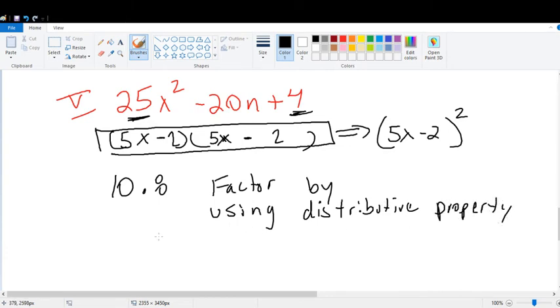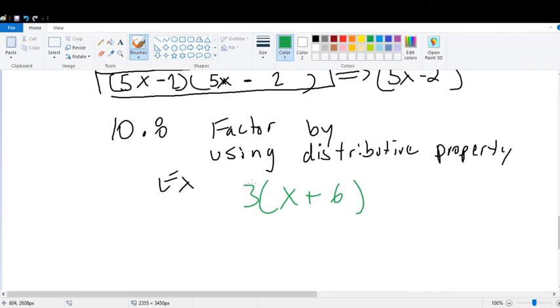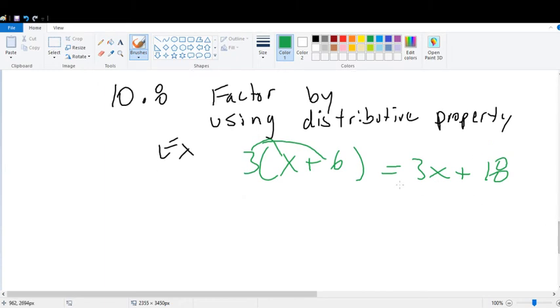So for example, let's say I had 3 times x plus 6. Well, what does that equal to? Distribute, you get 3x plus 18. All right, so what we're going to do is start with 3x plus 18 here, example 1, and we are going to look for a common factor in 3x and 18. So what's a number that divides both a 3 and an 18?